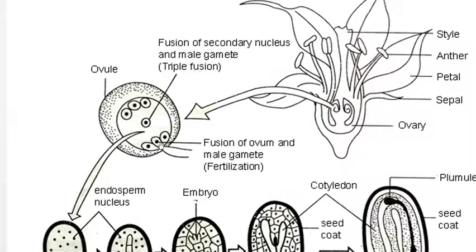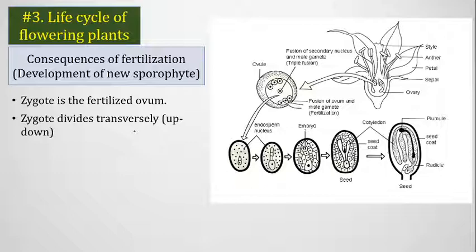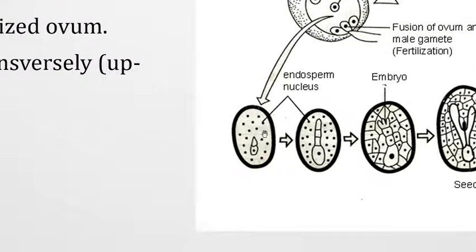So here we find the zygote and the endosperm, and the zygote that contains only a single cell, diploid, divides transversely by mitosis, up and down. Inside the ovule, this part is called the zygote and the upper part is called endosperm, and this zygote divides mitotically to produce a multicellular state.